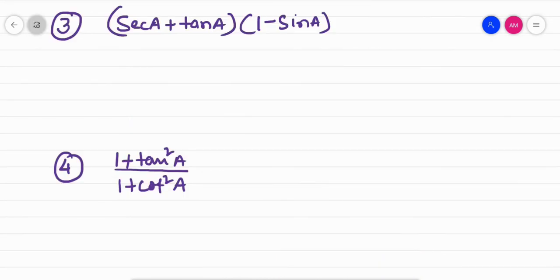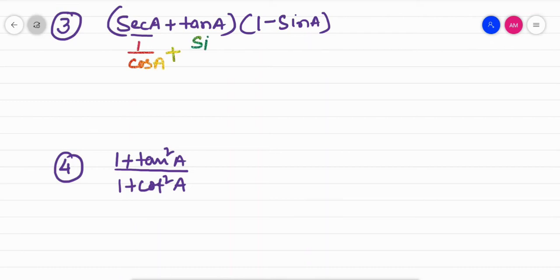Yes, come on children, let us see the third question. (Sec A plus tan A) into (1 minus sin A). Now how can we solve this? Let us see. What is sec A? Sec A is nothing but 1 by cos A. And what is tan A?